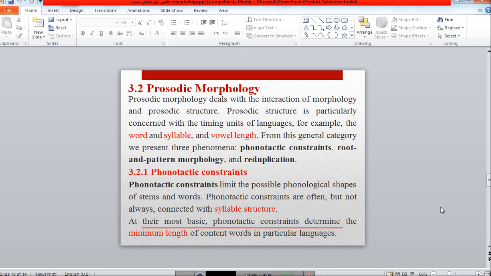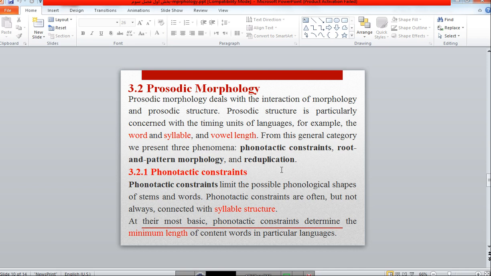From this general category, we present three phenomena: phonotactic constraints, the first one; root and pattern morphology, the second one; and the last one, reduplication, the third one. So we have three phenomena related to prosodic morphology.